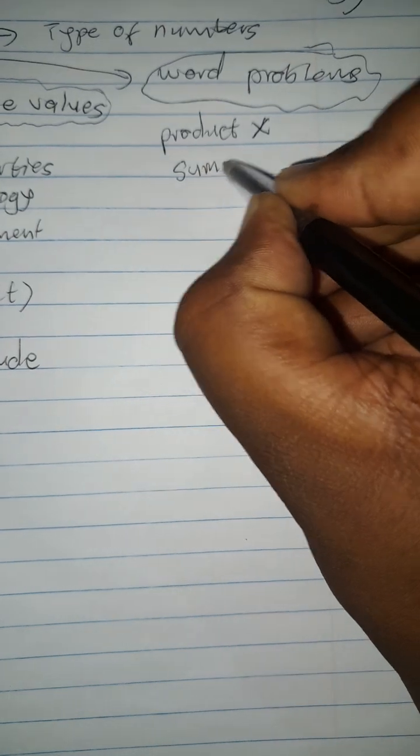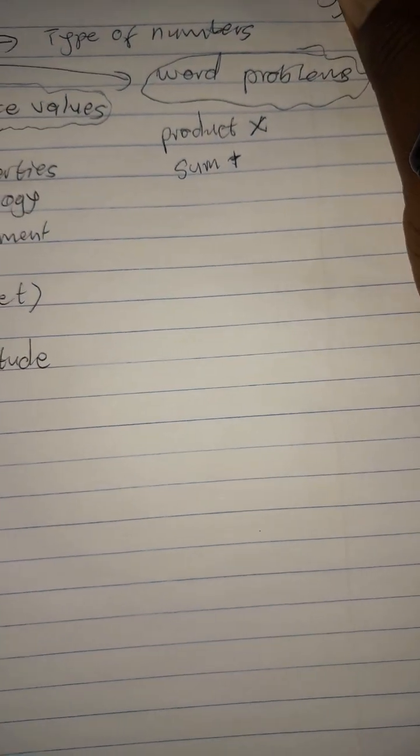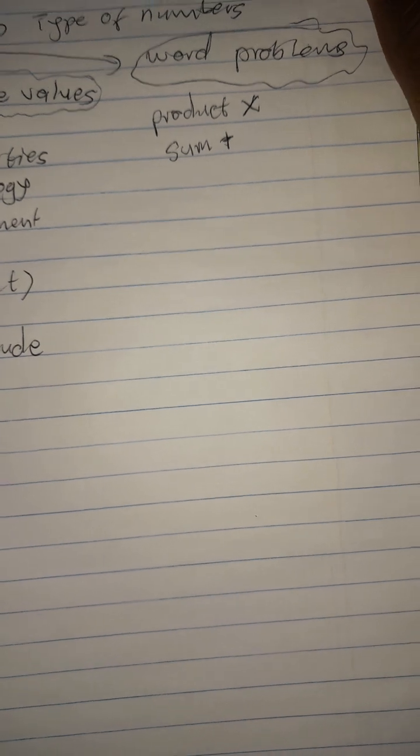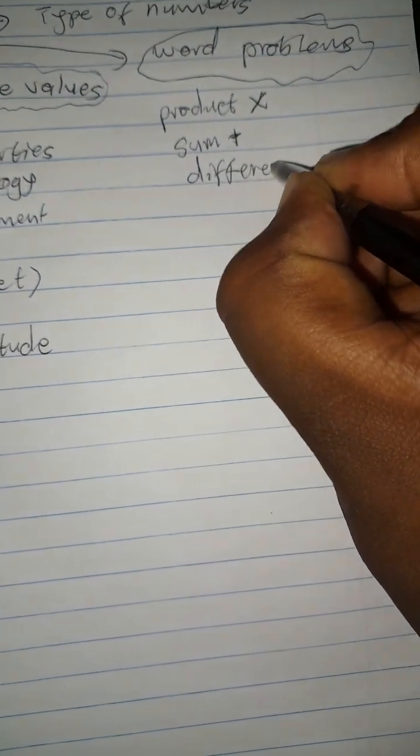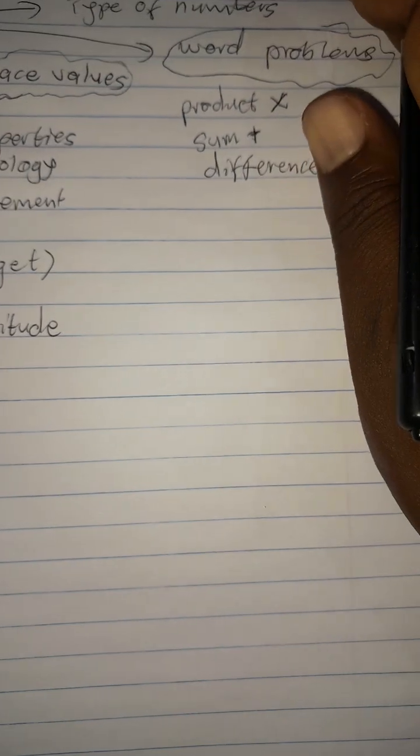When you talk about sum, we are actually talking about addition, right? It means you add the total. Then difference. That's subtraction.